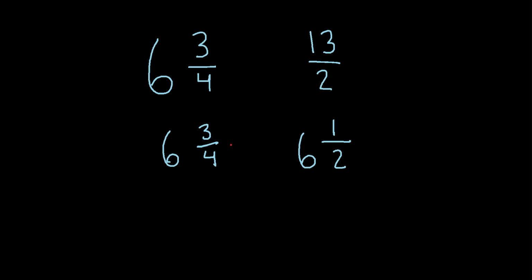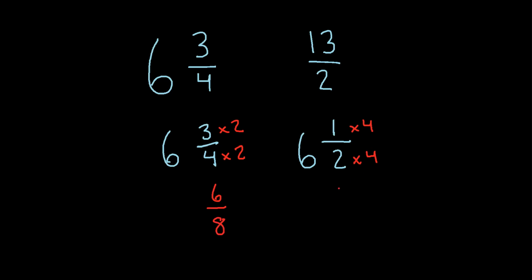But if that's not immediately obvious, you can use the trick that we used in the last example, where you take the denominator of this fraction and multiply both the numerator and denominator of this fraction by that number. And then take the denominator of this fraction and multiply both the numerator and denominator of this fraction by that number. So we get 3 times 2, which is 6, over 4 times 2 is 8.